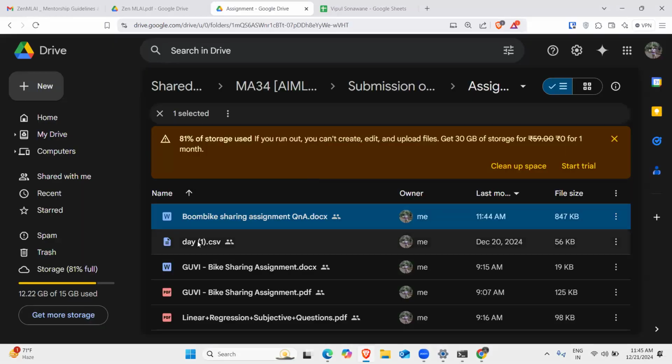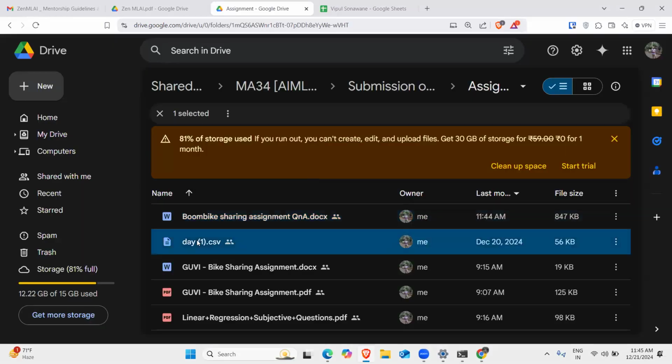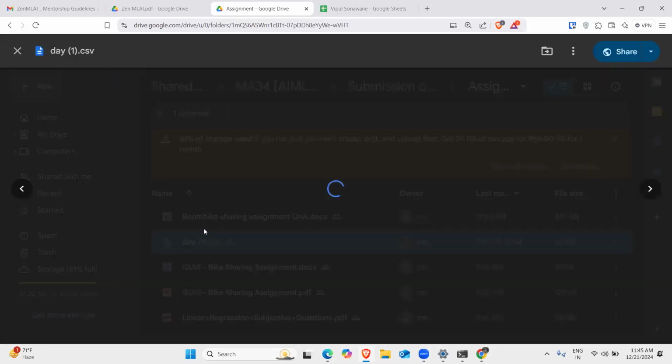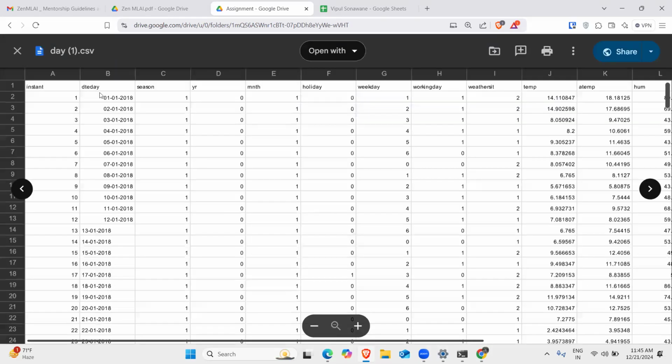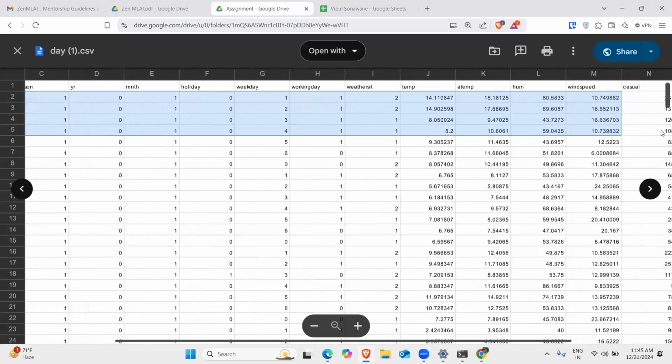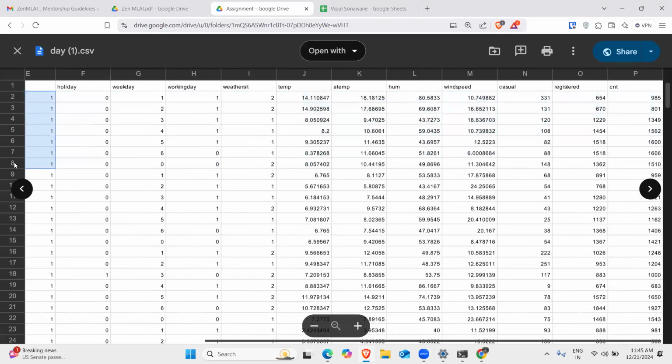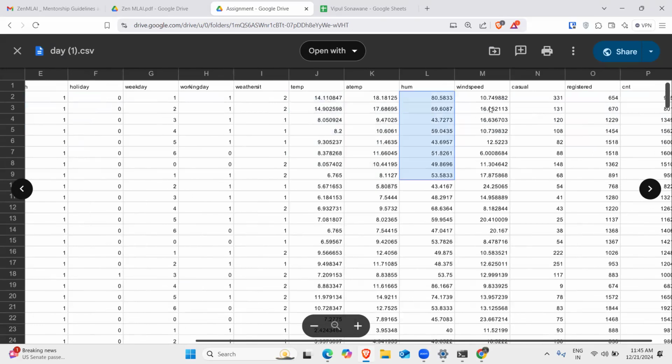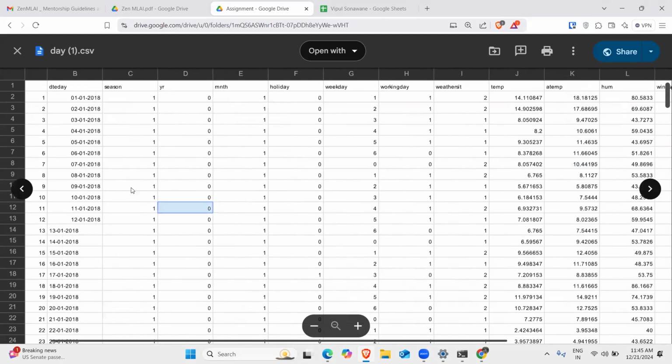See, I'll explain what you need to do in this assignment. It's very simple. You have this data. You have to fit a machine learning model on this data. For some of the columns, you will need to do the scaling, or for some of the columns, you need to change the data type. You need to find outliers. You need to check the null values, right?